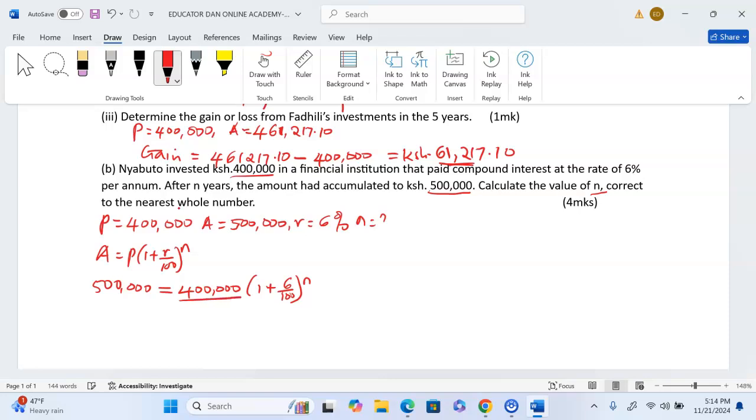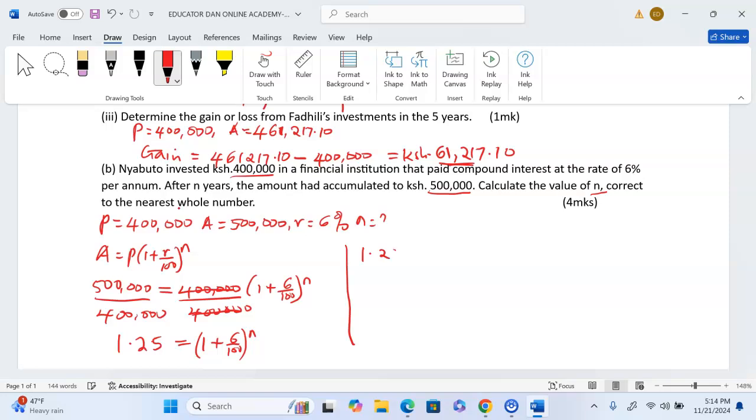We can divide both sides by 400,000. The 400 and 400 go. 500,000 divided by 400,000, we get 1.25, which is equivalent to 1 plus 6 over 100, then everything raised to n.